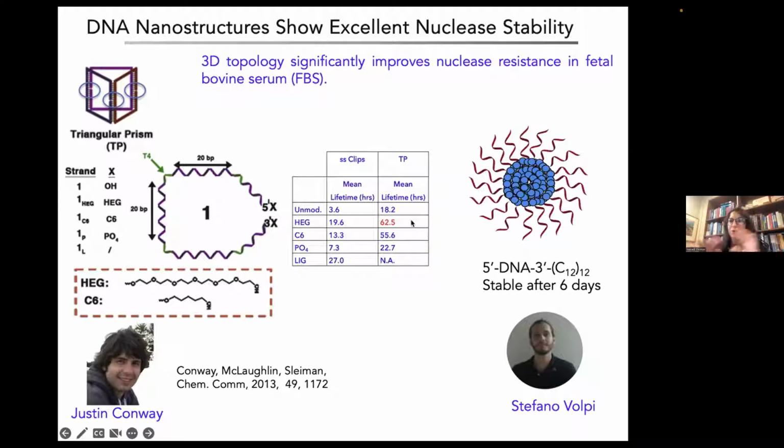And this is before we decorated this cage with anything like polymers, which are of course going to extend the lifetime further. I don't have time to tell you about this, but one of my students, Tyler, has also developed another really cool technique to further stabilize these structures. I'm happy to share this with you on another occasion. Spherical nucleic acids are also extremely stable after engineering them. They can be stable after 6 days.